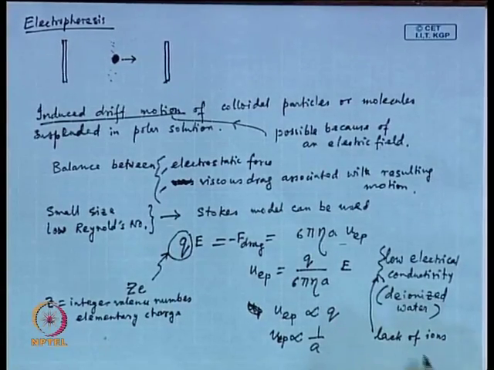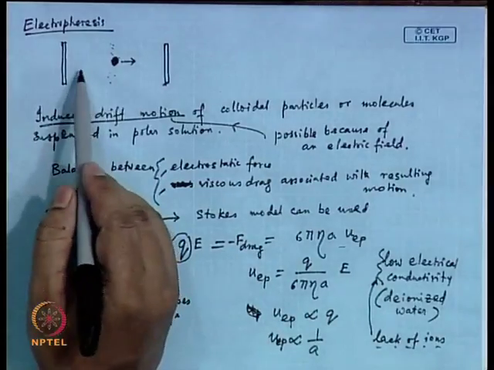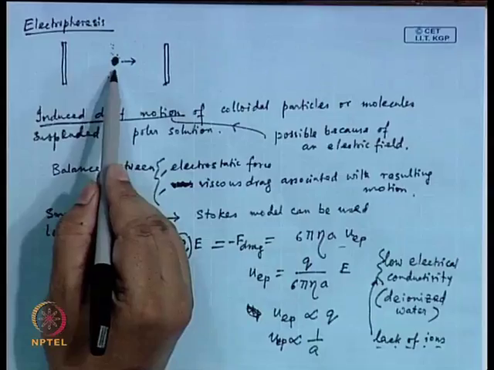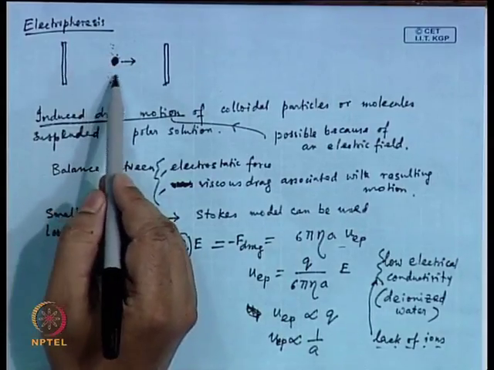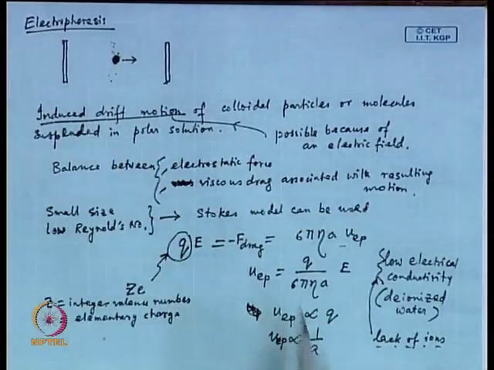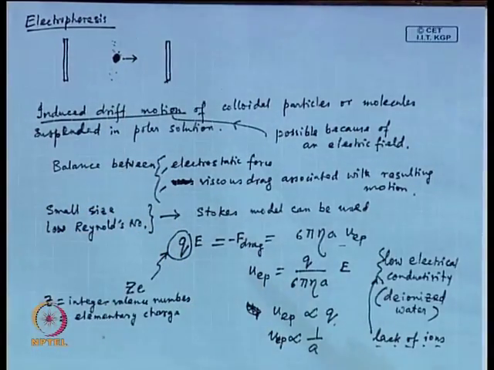If there are more ions available from the medium itself, these ions would accumulate around the charged particle and partly neutralize its charge. So, you will be working with a lower Q in that case, and you will not get the level of sensitivity or the level of motion that you can expect otherwise.